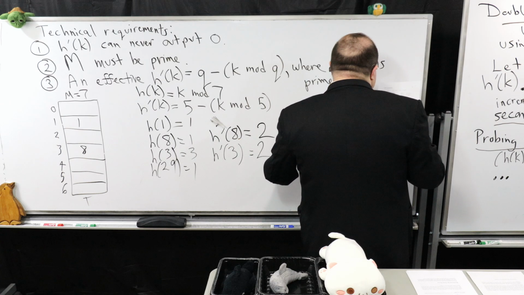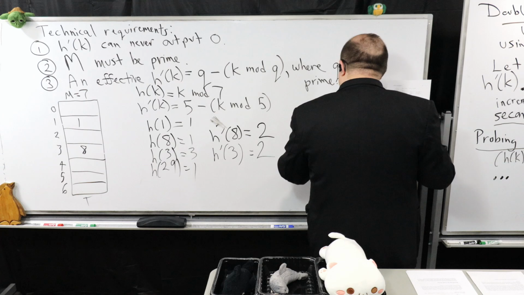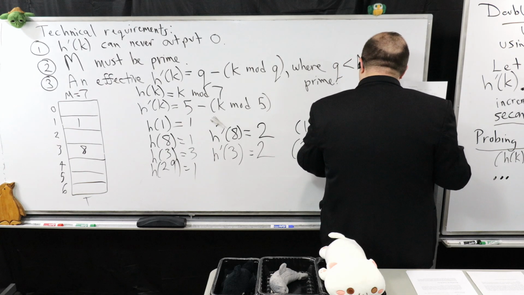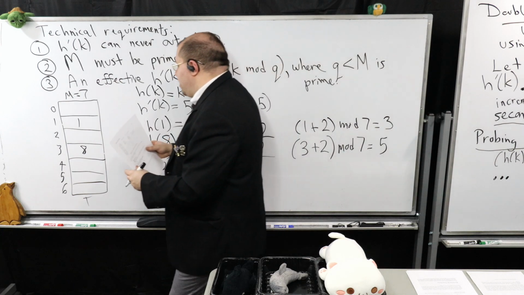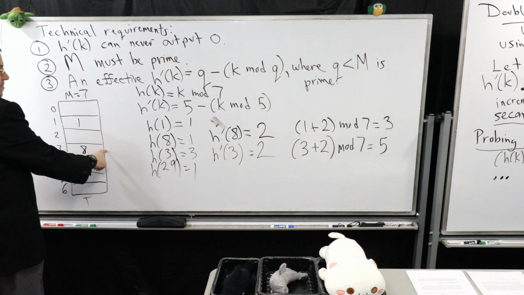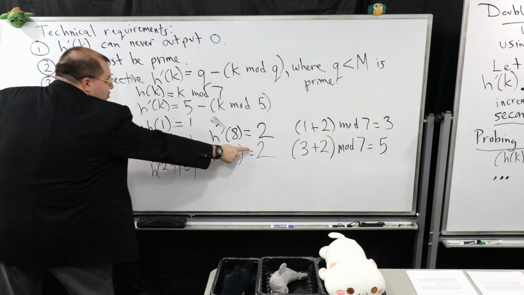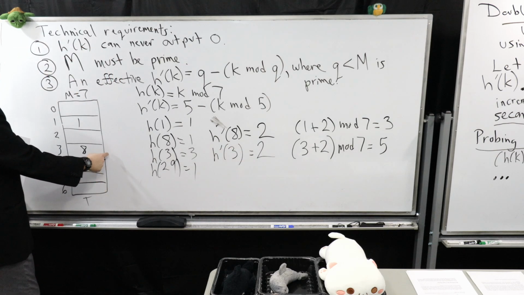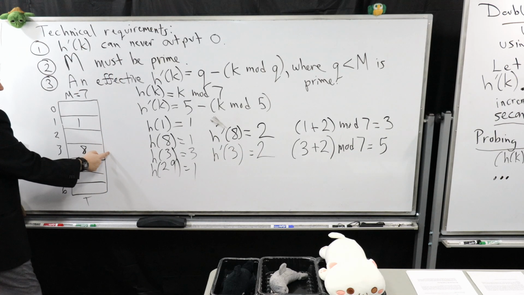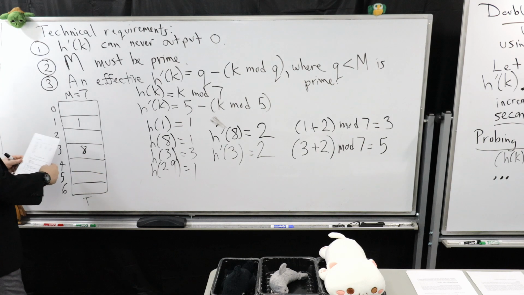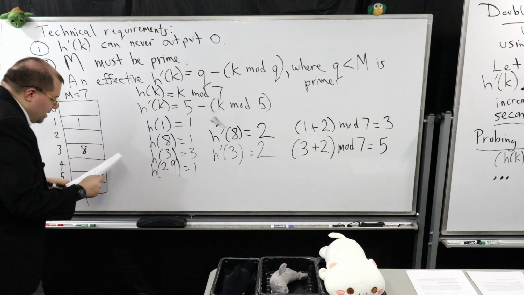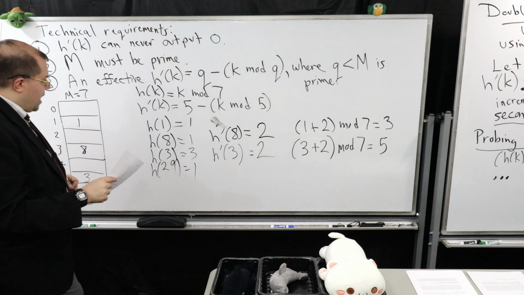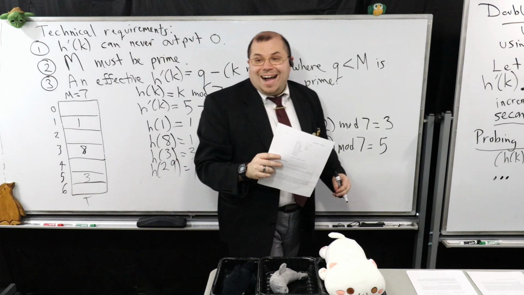So I add 2 to that, mod 7, which is just 5. So I'm going to make another hop of 2, because remember, I go up by multiples of 2 now. That takes me to 5. So I'm going to put 3 right here. And then lastly, I have H of 29.